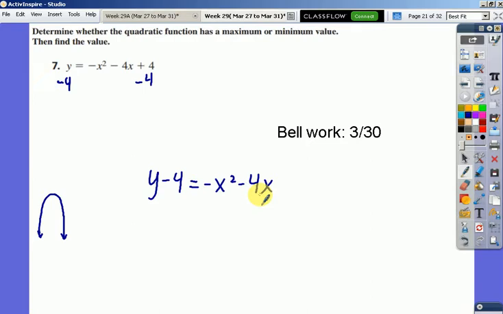Okay, what's the next step? I have to do what? Complete the square, but I have to take out what first? The negative, thanks. Okay, take out the negative.